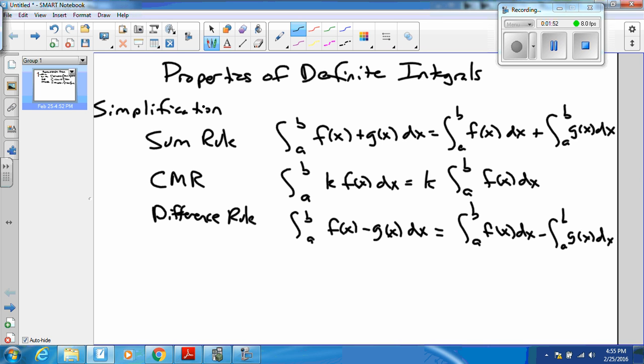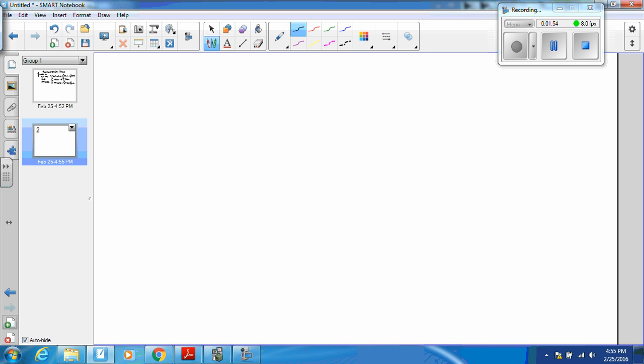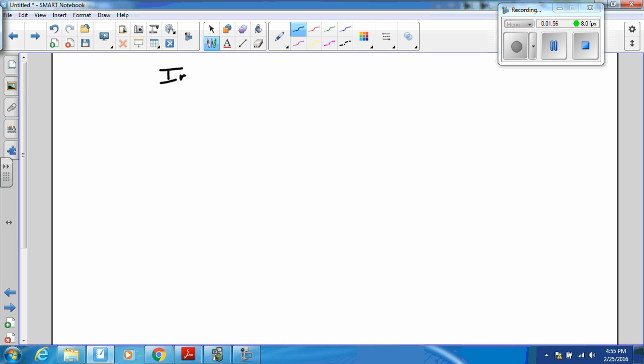Then we talked about special interval rules. And we noted, first of all, the additive interval property.